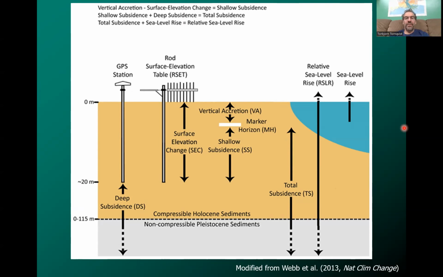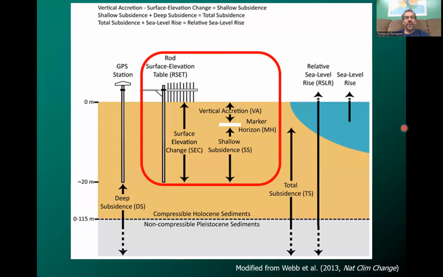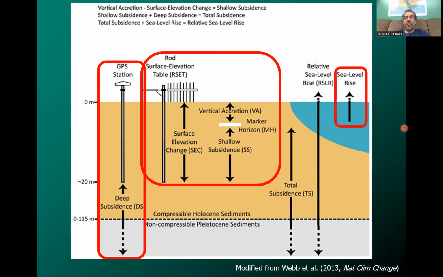And basically what Krista did was she used the SET system with the marker horizon data that is shown here in the middle, and then linked that to GPS data that give us the deep subsidence component. The surface elevation table marker horizon combo gives us the shallow subsidence component. And then, of course, we need to have information on sea level rise.